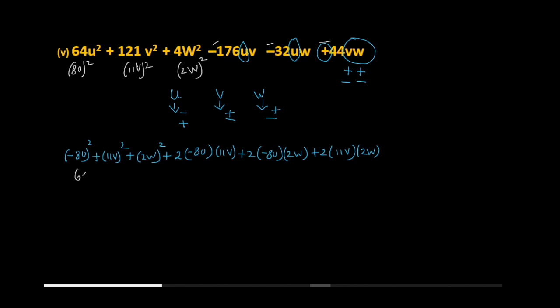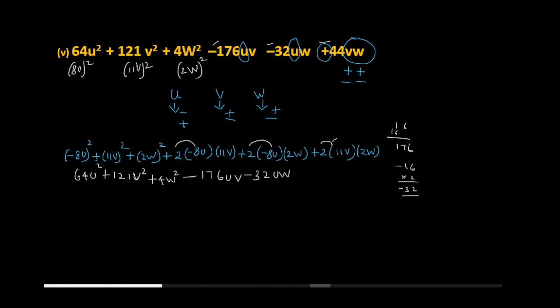This is nothing but 64u squared and 121v squared plus 4w squared. 2 into minus 8 is minus 16, minus 16 into 11 is 176, so minus 176uv. Then again 2 into minus 8 is minus 16, minus 16 into 2 is minus 32, so minus 32uw. Then 2 into 11 is 22, 22 into 2 is 44, so 44vw.